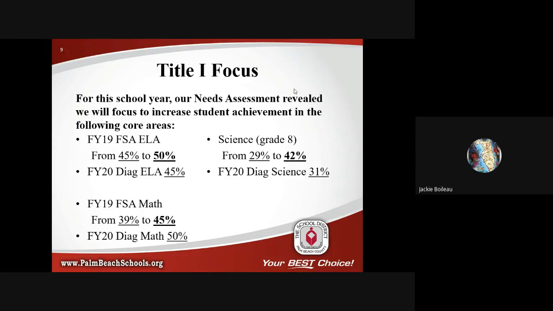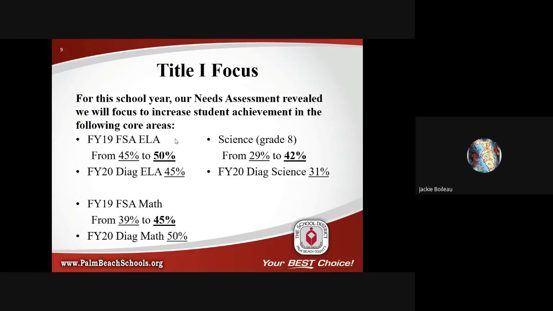And so what we did, if you can see here, since we don't have the data from last school year because we didn't take the FSA, we're actually looking at the FSA data from the 2019 school year, which is the data that we used to plan for last year.